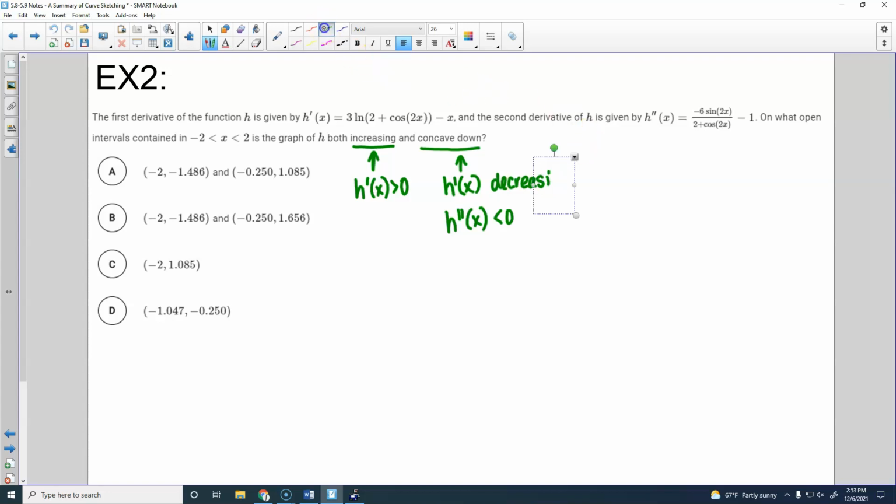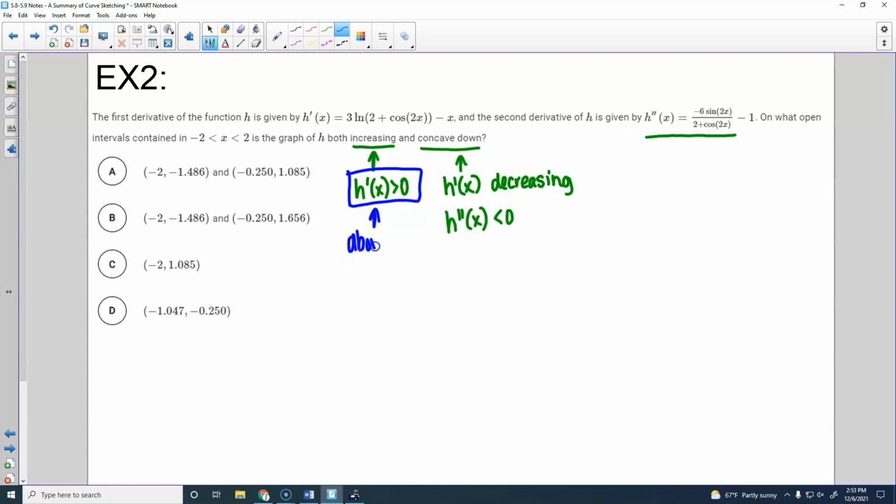So, for this problem, h double prime of x, you can use it if you want, but we can get this just by looking at h prime. We're looking for whenever it's greater than 0, which means above the x-axis, right? And also where it's decreasing.